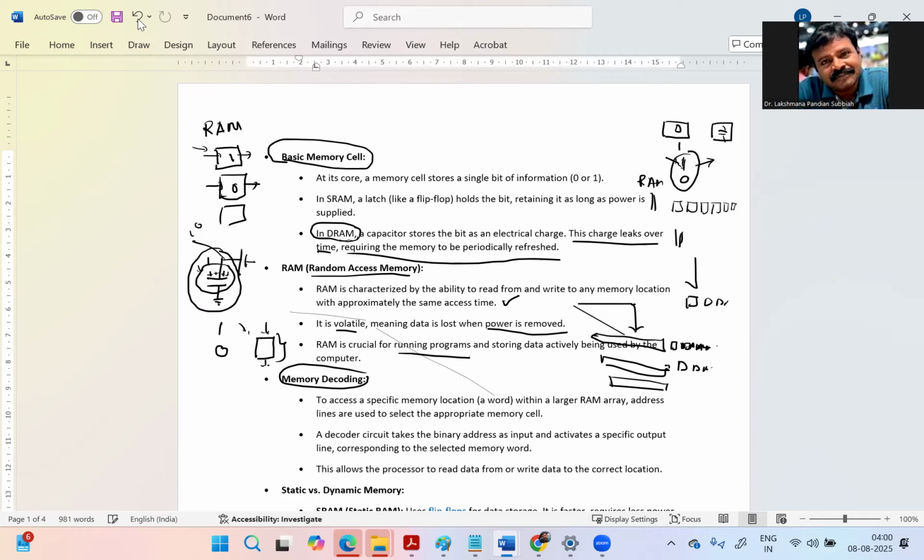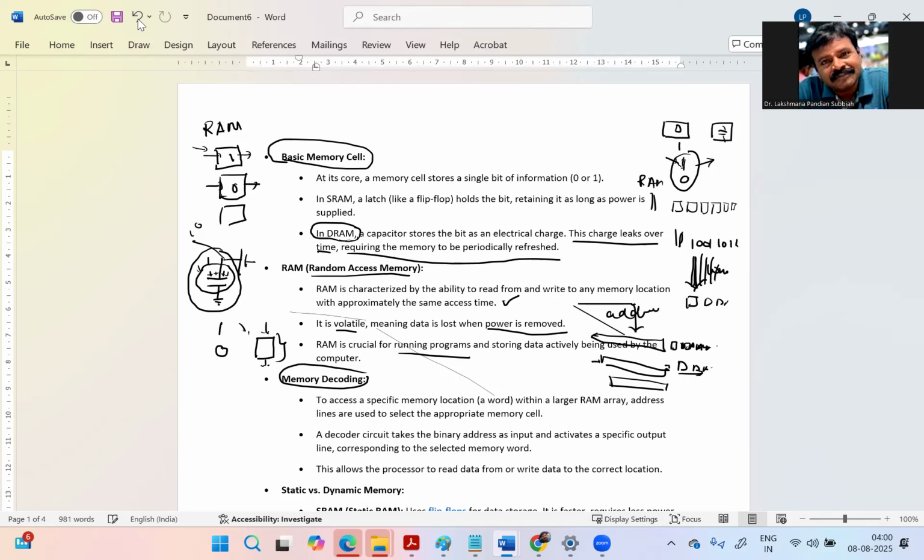If you want to store the data, we have to give the write cycle, then it will store the information. So this is a bus, and in that bus we have 8-bit information. This information is going to be stored in that particular row, whichever row is enabled through the address.